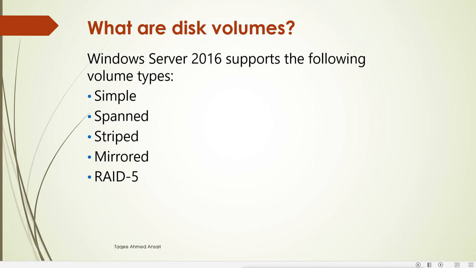For example, if you have a single disk and you store your data on that single disk, and the disk is corrupted, you will lose the data. So in a RAID configuration, the administrator can combine two, three or more disks to create a single partition.